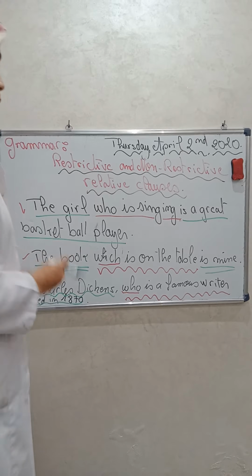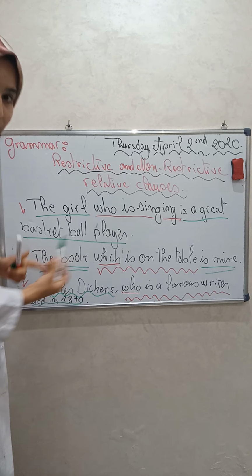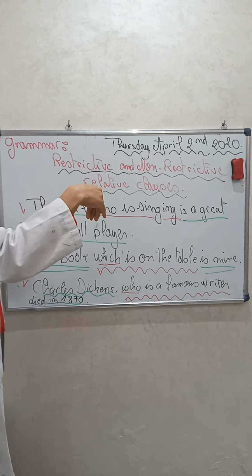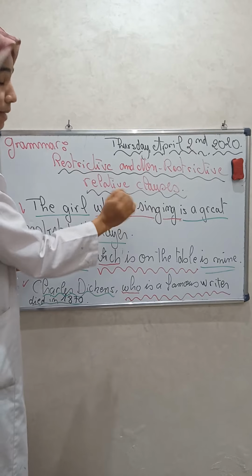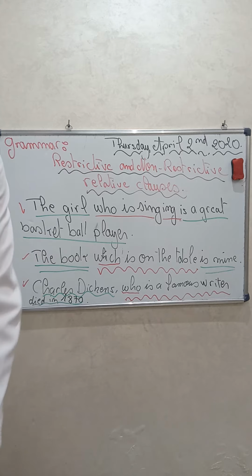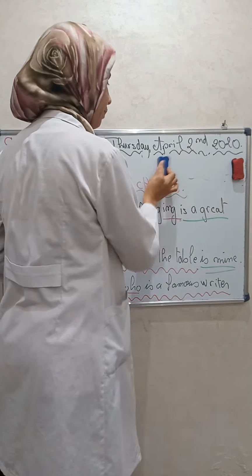So here, what is a relative clause? It is a clause that we add, we put within the sentence itself. Sometimes the information can stay, sometimes it can be removed. Now, how do we introduce relative clauses?